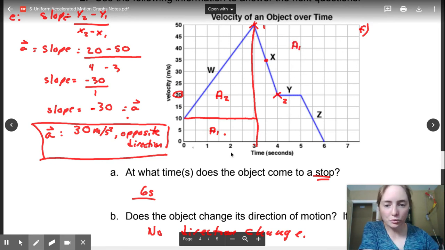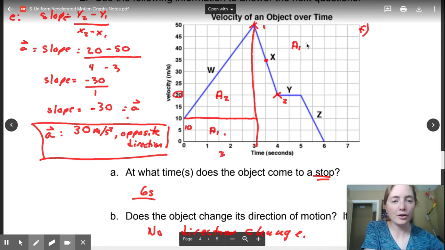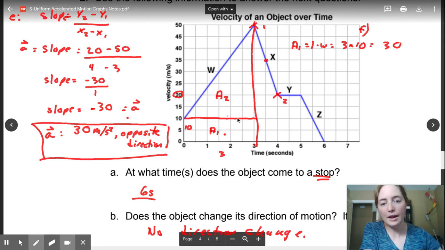So area 1 is this guy here. 0 to 10, well, that is 10. 0 to 3, that's 3. So area 1 is going to equal length times width, which is going to equal 3 times 10, which is equal to 30.